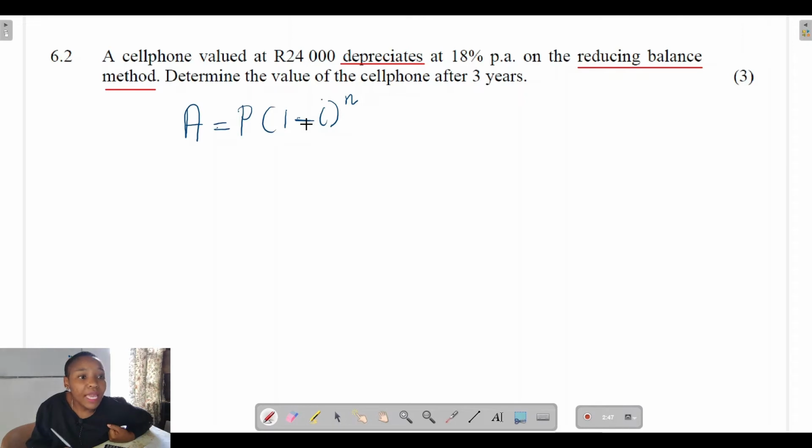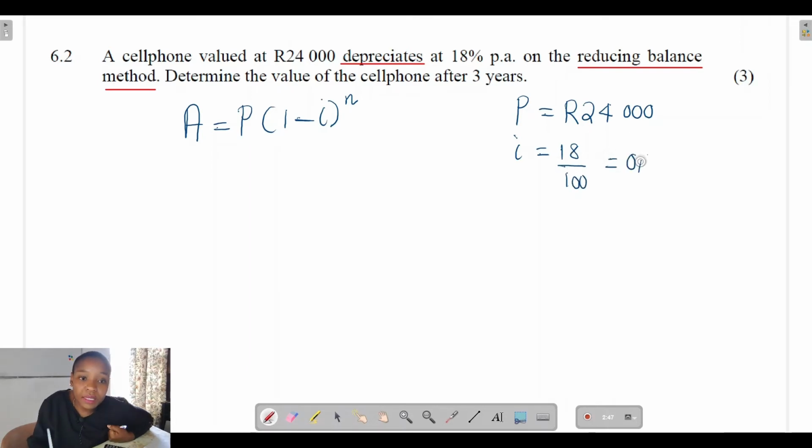We are told that the present value of our cell phone is 24,000, so our P is equal to 24,000. Our i is equal to 18%, so it's 18 divided by 100, which is 0.18.